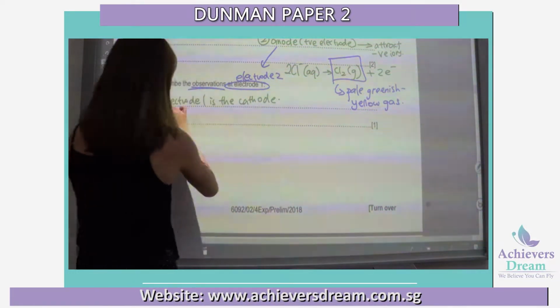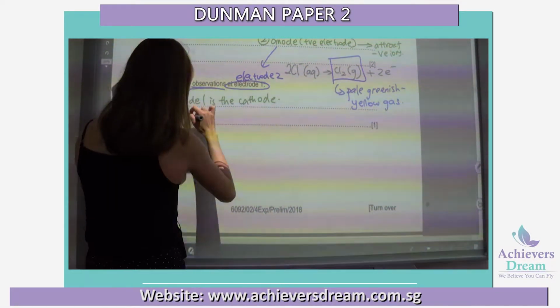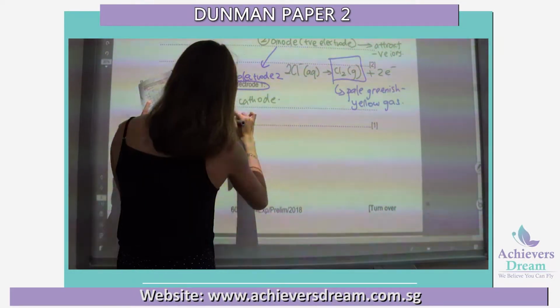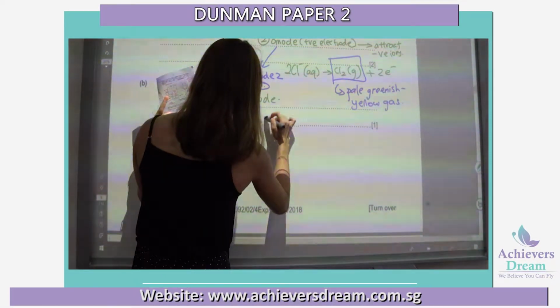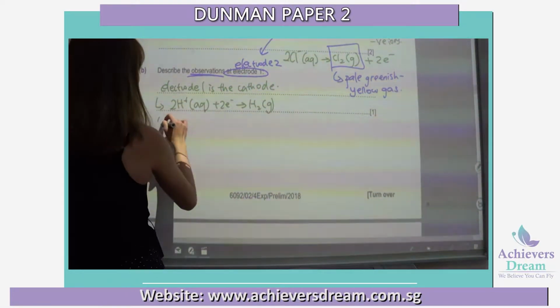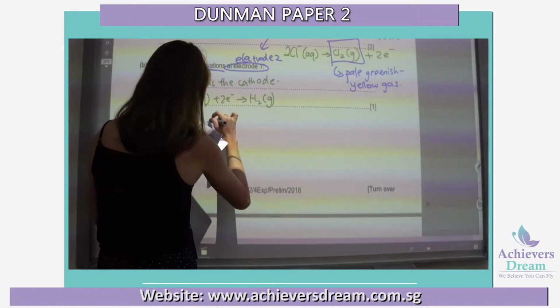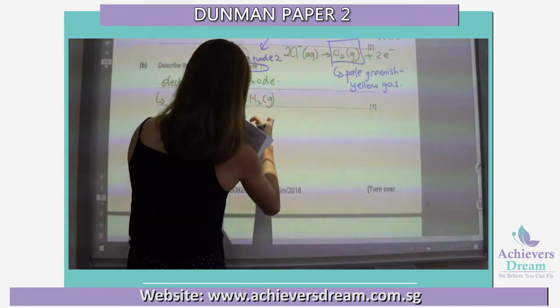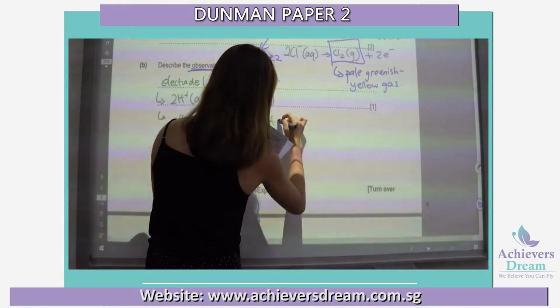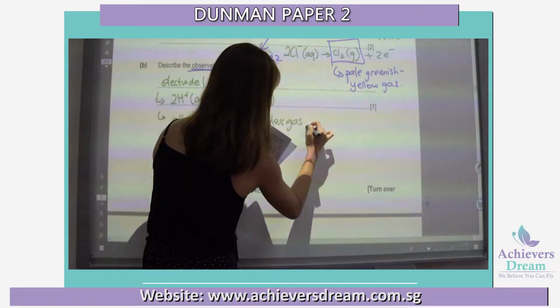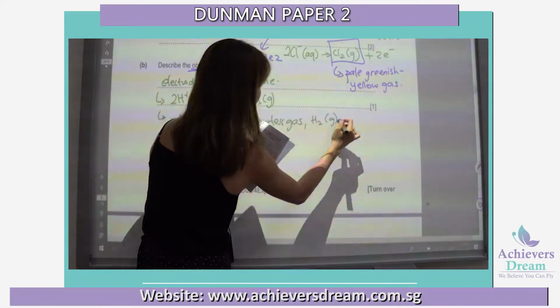So I can also write down the half equation, 2H plus plus 2 electrons to form H2 hydrogen gas. When they talk about observation, you can say that there is effervescence of a colorless gas, which is my hydrogen gas.